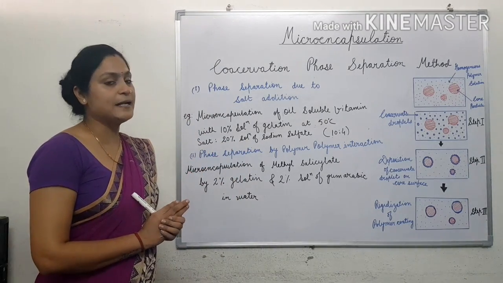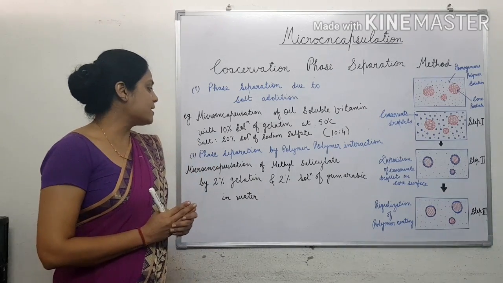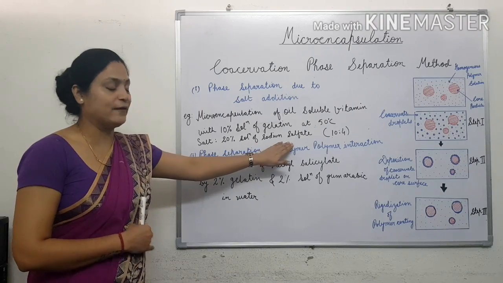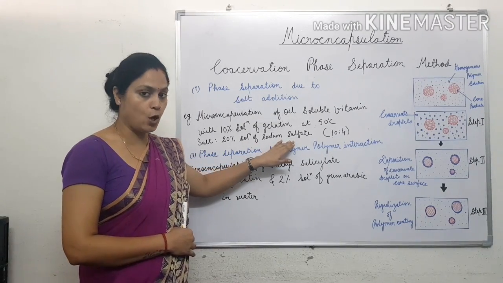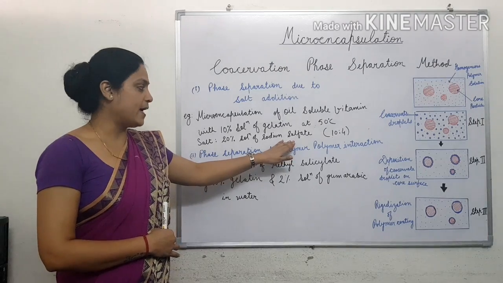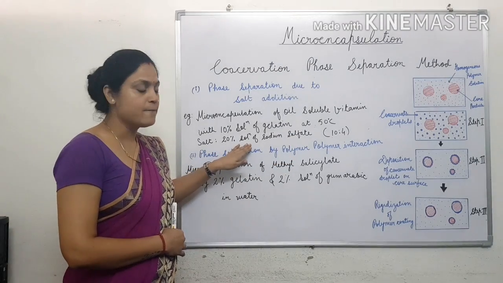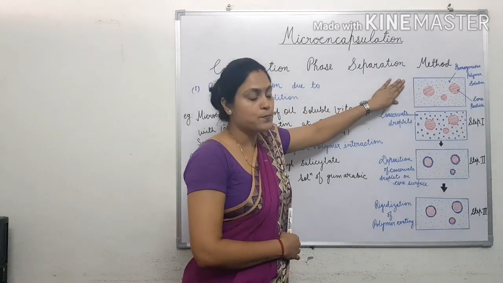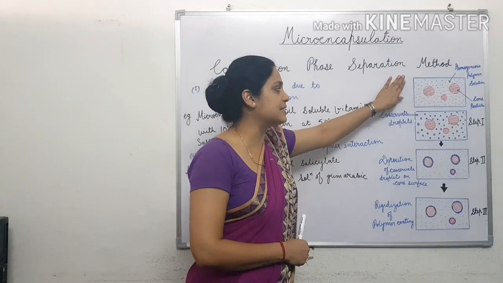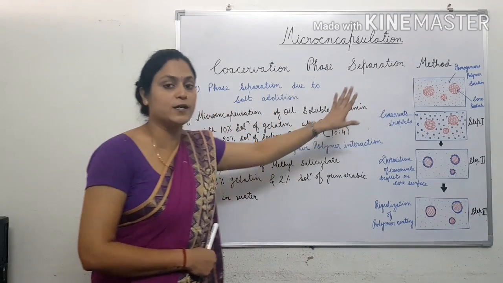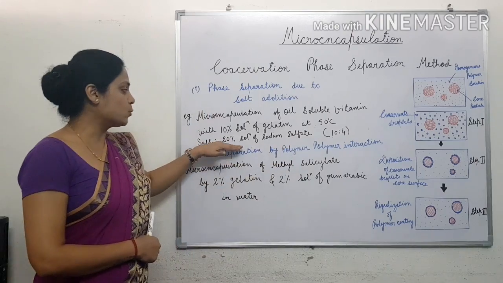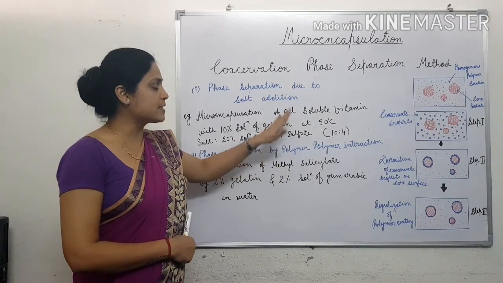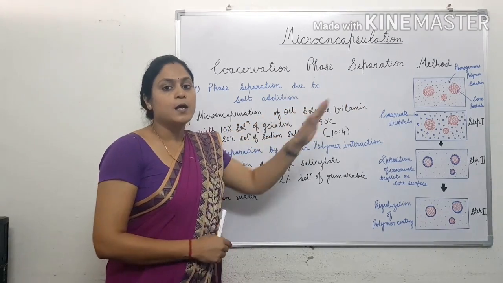Now this system is maintained at 50 degrees Celsius and at this point a 20% solution of sodium sulfate is added. Sodium sulfate is an inorganic salt which is prepared as a 20% solution in water. When this is added to the system in the ratio of 10:4, that is 10 parts of emulsion and 4 parts of this 20% solution of sodium sulfate, gelatin starts separating out as liquid droplets as soon as the solution is added to the emulsion.